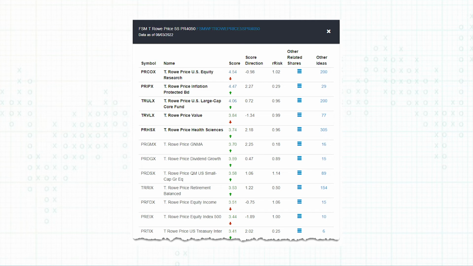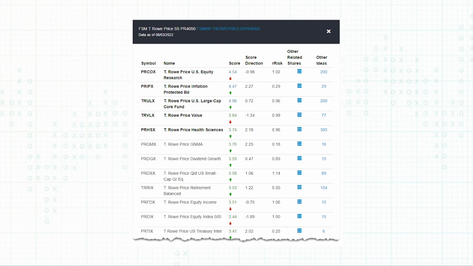And at T. Rowe, we have a financial services fund that really started to fall apart or wind down as we closed July. So the model kicked out the financial services and brought in the health sciences. That gives you the idea of how this pendulum can swing pretty quickly, for how the fund score picks up where we want to be.